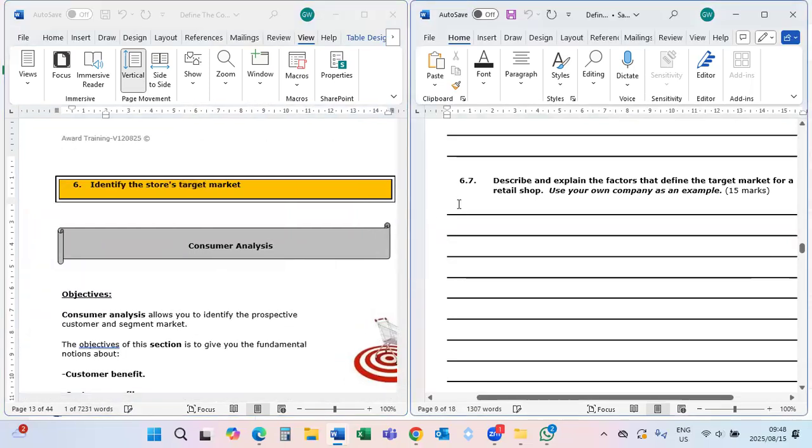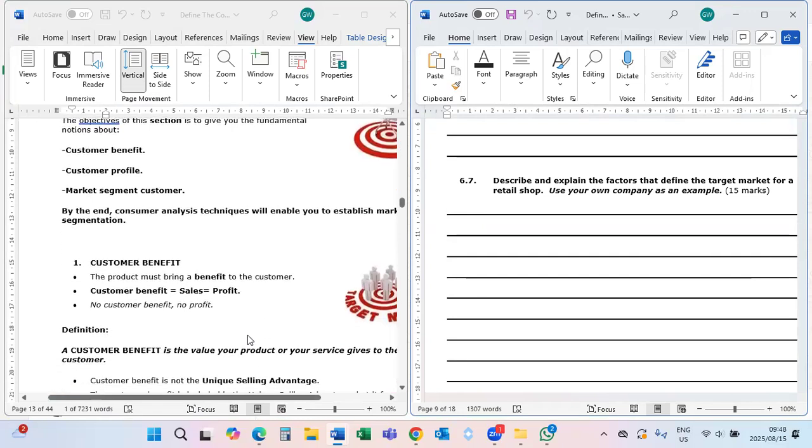So your target market, I'd like you just to describe here the target market your company has. The target market for a fuel retailer would be people wanting to fill up their vehicles, check their oil and water and tire pressure, and people who may want to make use of the convenience store to purchase bread, milk, chocolates, pies, etc. The target market might be anybody who owns a vehicle that needs to be filled and checked, oil and water checked, and also the profile of a person might be somebody who's using the convenience store to purchase a pie and Coke, etc. If you put those down, you will get the marks here.